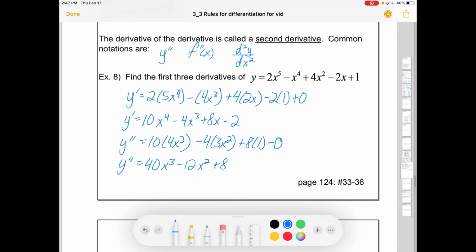Doing this again, we get y triple prime, where the third derivative is going to be 120x squared, because it's 40 times 3, minus 24x, because it's 2 times 12, and then plus 0. Okay, so we could keep going down. There are some practice questions around this on page 124.